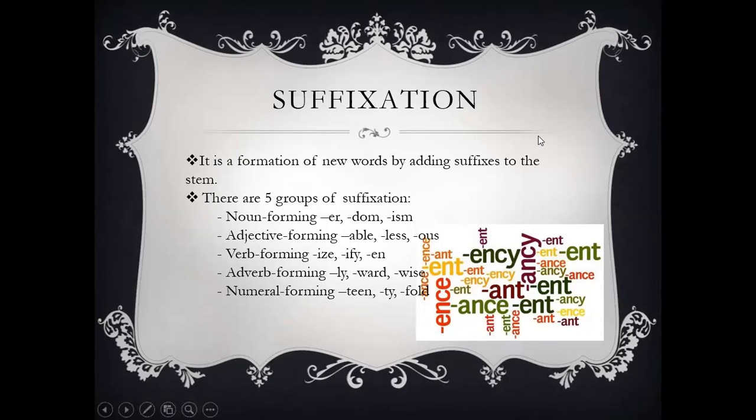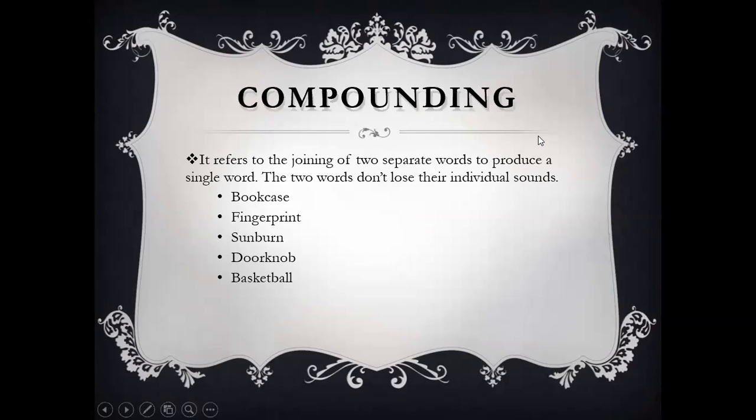And let's talk about the second type, this is compounding. Compounding, this is when we join 2 separate words to produce one single word. And in this case, the 2 separate words don't lose their individual sounds and sometimes individual meanings also.